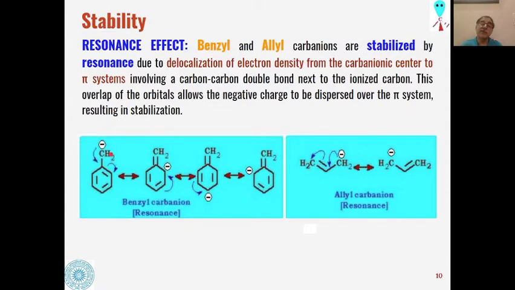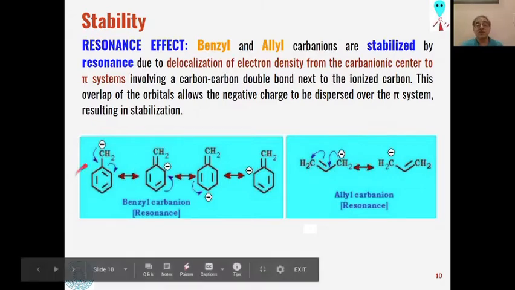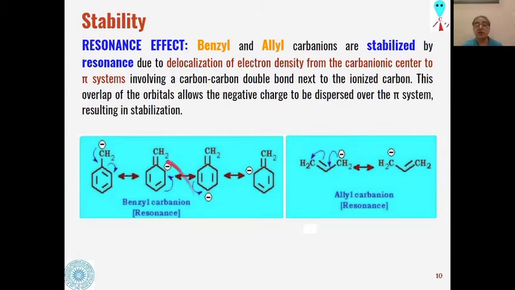And even if both these hydrogens are replaced by phenyl, the triphenylmethane carbanion will be even more stable than the mono substituted benzylic carbanion. So the higher the number of phenyl rings attached to the carbanion, the higher will be the stability, because the number of resonating structures will be more in that case. That is how benzyl and allyl carbanions are more stable as compared to alkyl carbanions.